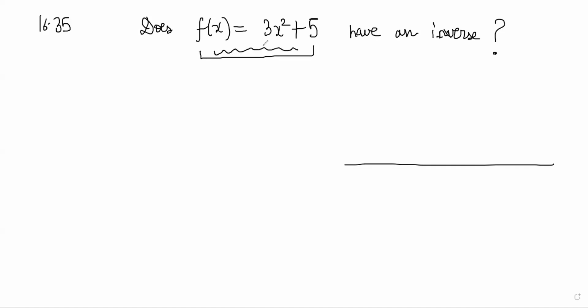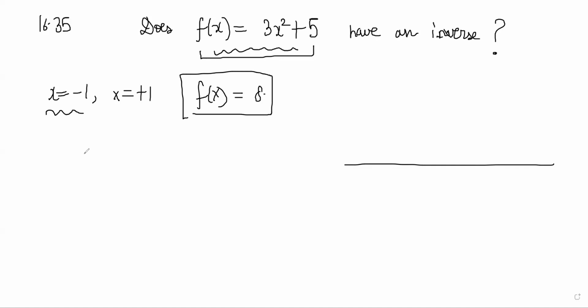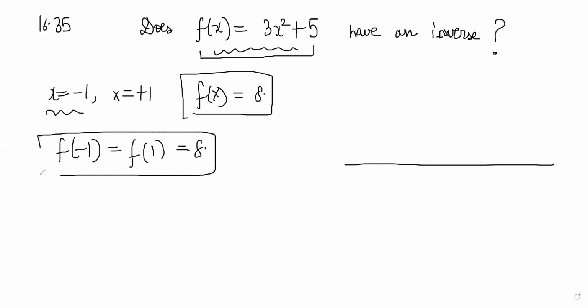Yeah. Because for example, at x equal to -1 and x equal to +1, f of x is still 8. So you can say f of -1 is equal to f of 1 is equal to 8, right? Yeah. So this type of function is known as a many-to-one function, right?